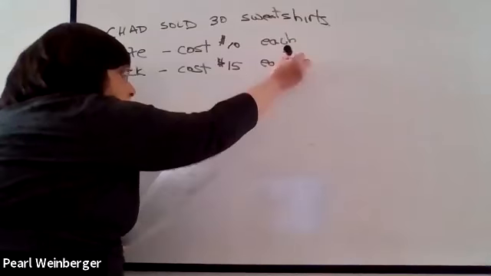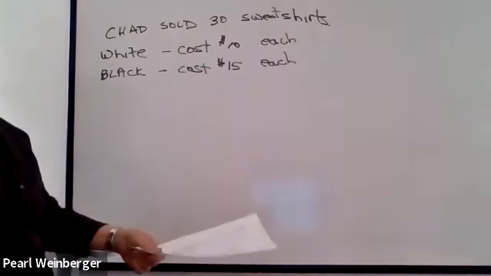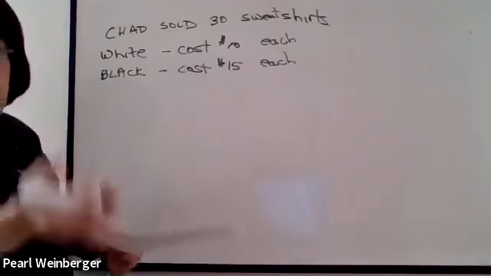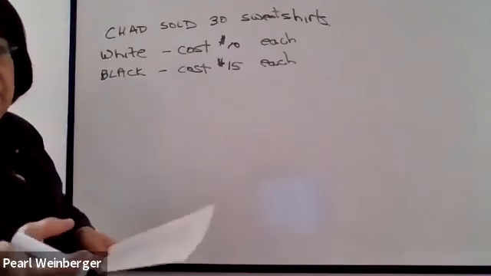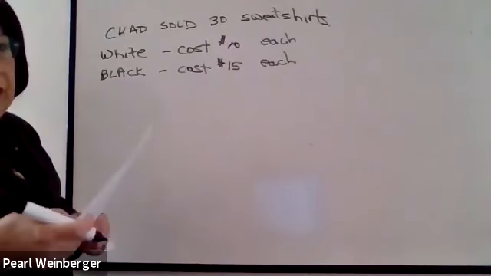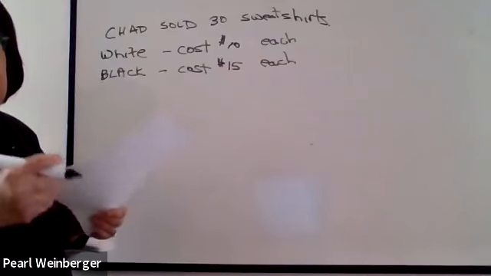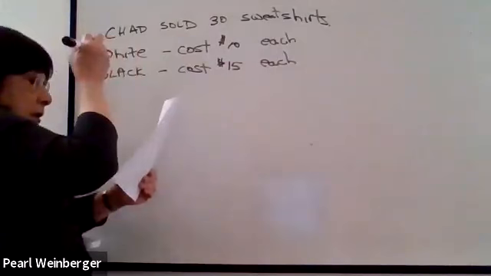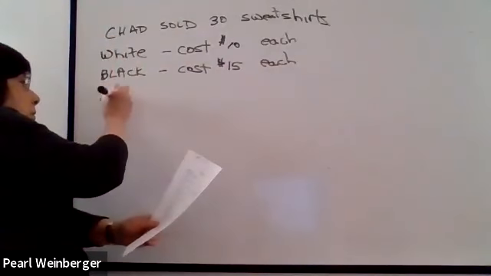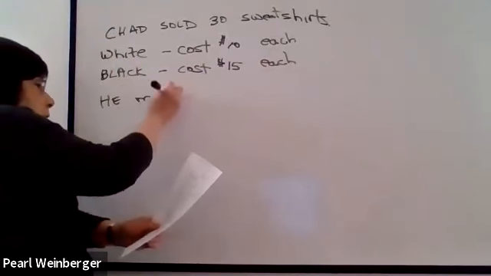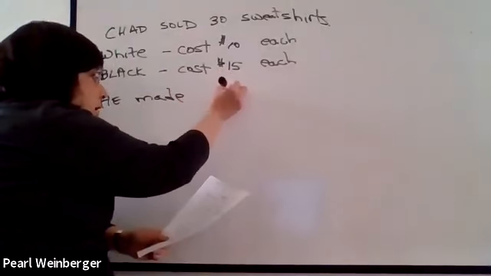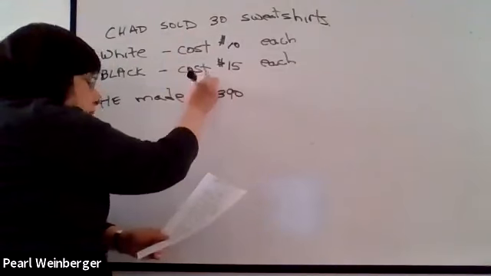Right, so we're not talking about tickets. In this case, we're talking about a different type of item. We're talking about clothing, but the idea is the same. We're talking about how much individual things cost. Now, he made a total of $390 at the craft show.